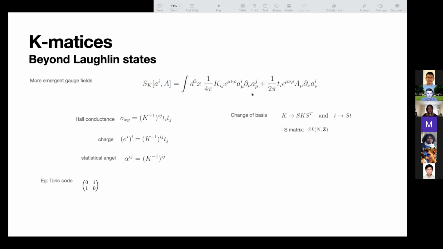We can forget about the coupling to the probing field for now, but the K matrix for toric code is simply this. We can check the statistic angle and find that the E particle and M particle are charged under these emergent gauge fields with charge (1, 0) and charge (0, 1).